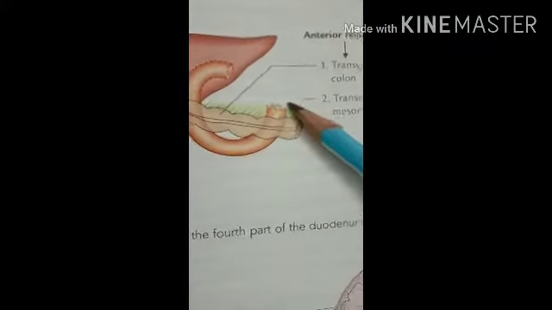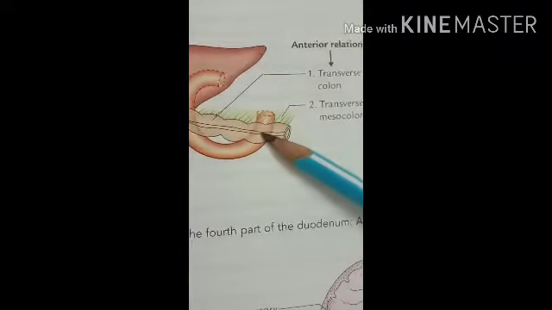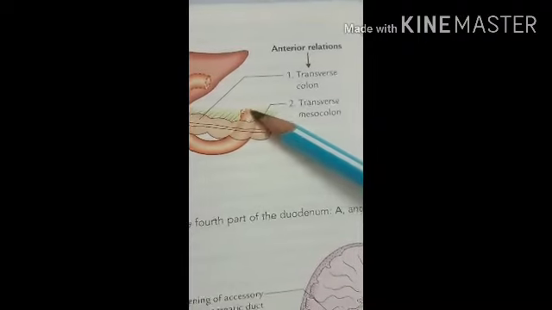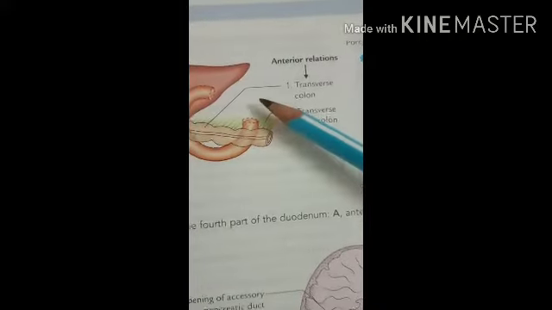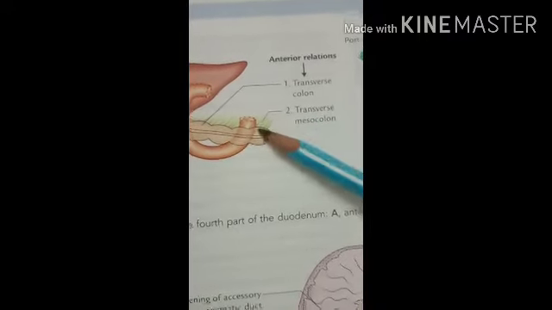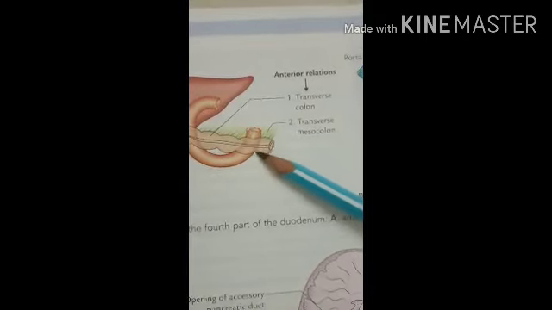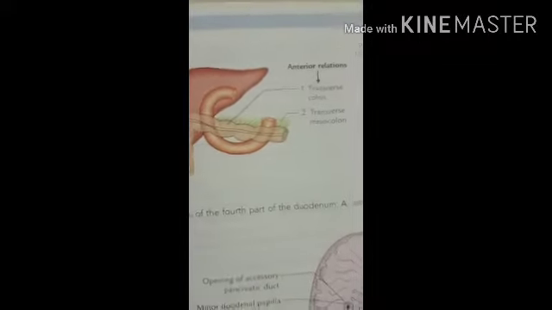This part is only 1 inch and it goes upwards to the upper border of the second lumbar vertebra, where it turns forward and becomes continuous with the jejunum at the duodenojejunal flexure.